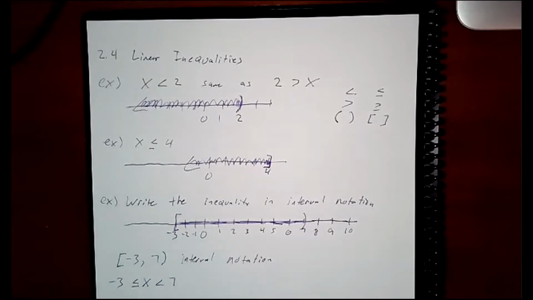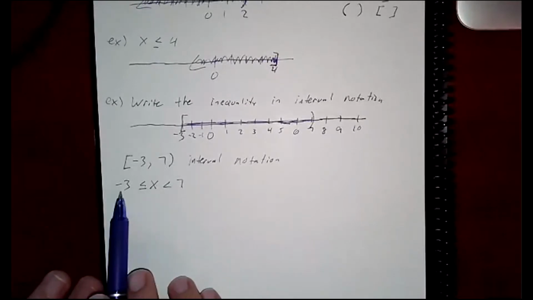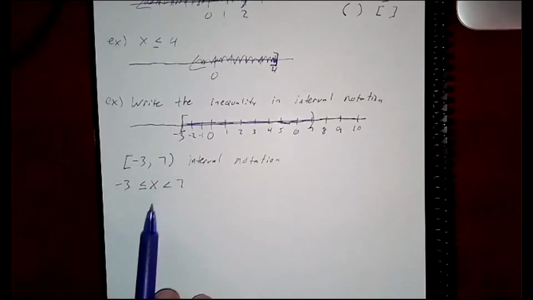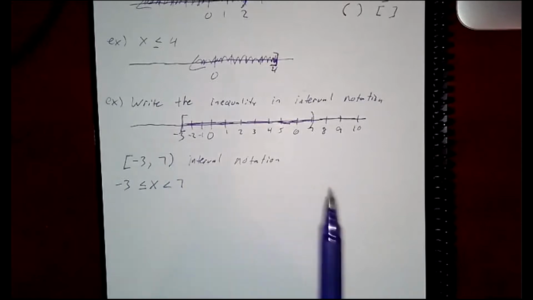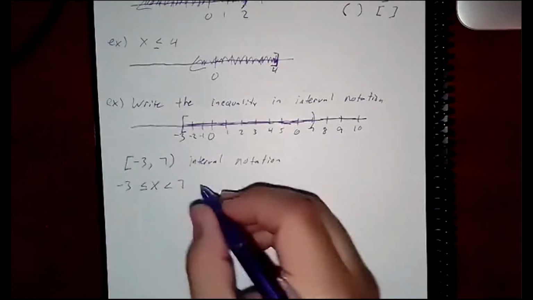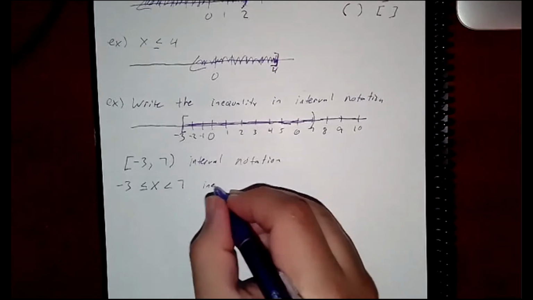So whenever you see these symbols, that means that x is between -3 and 7. You just have to write the correct less than or equal to. So put a line underneath because there's a bracket. No line underneath because there's a parentheses. Okay. So this is your inequality.